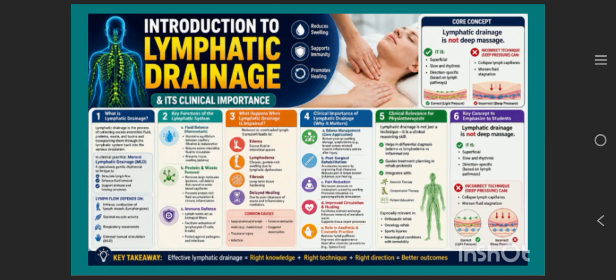Unlike the cardiovascular system, the lymphatic system is a low-pressure, unidirectional system without a central pump.